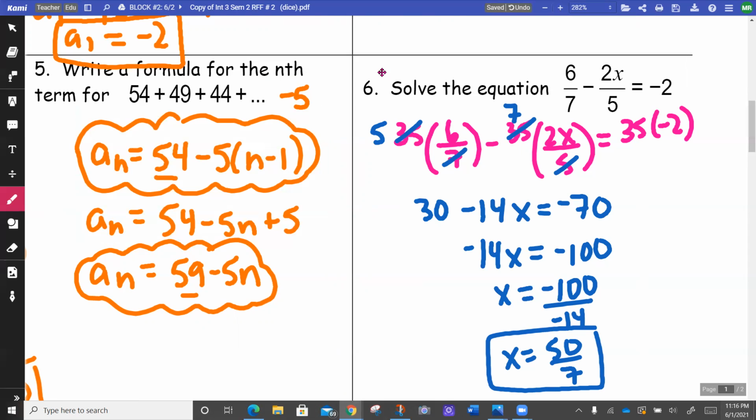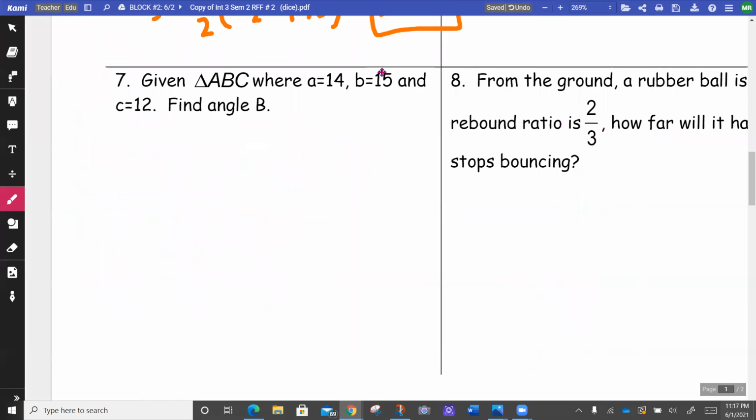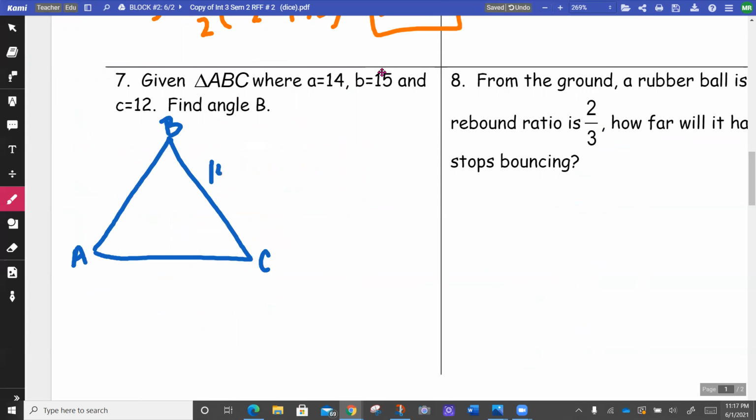Okay, on 7, we're going to draw a triangle. And for this triangle, we have A, B, C. Across from angle A is little a, which is 14. Across from angle B is little b, which is 15. Across from angle C is little c, which is 12. And we want to find angle B. That's the angle we want to find. Okay.